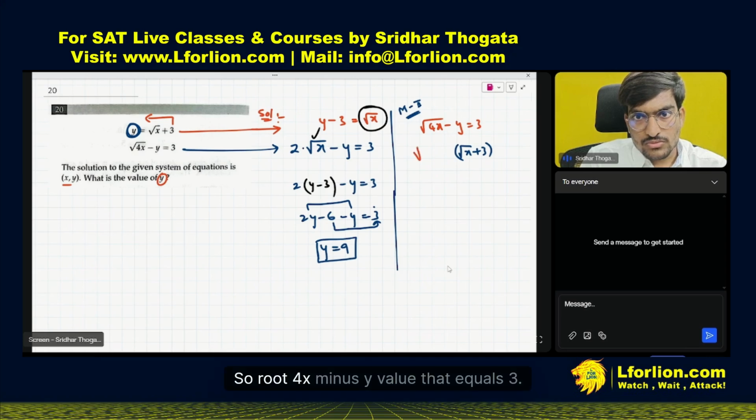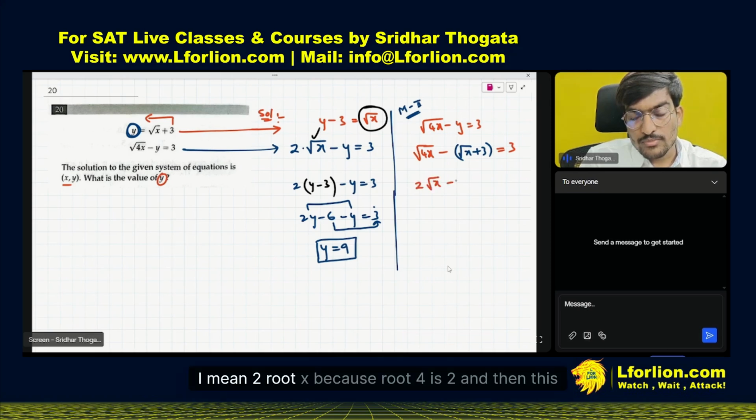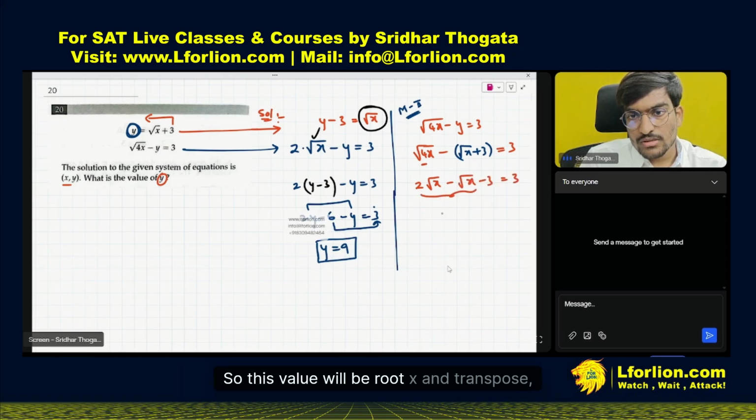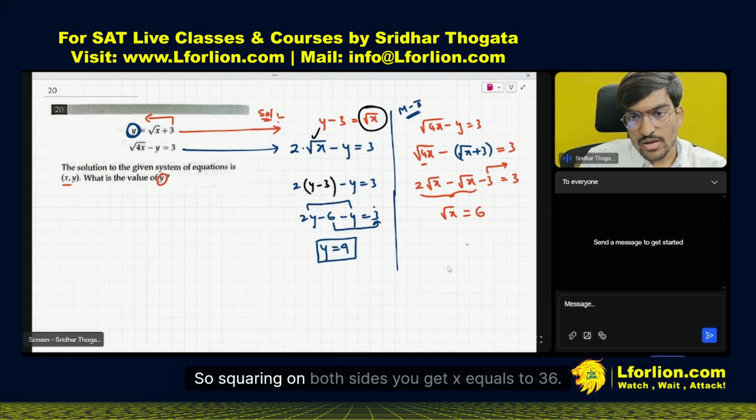So root 4x is 2 root x, because root 4 is 2. And then this will be negative root x, negative 3 equals 3. So this value will be root x, and transposing, it will be 6. So squaring on both sides, you get x equals 36.